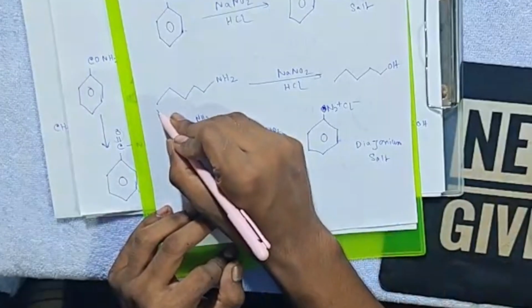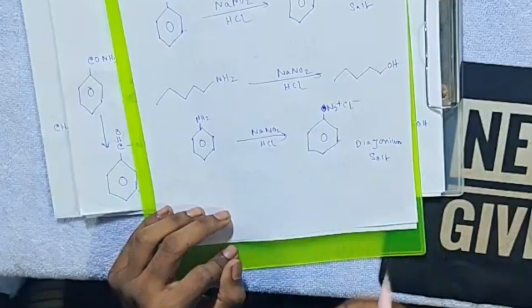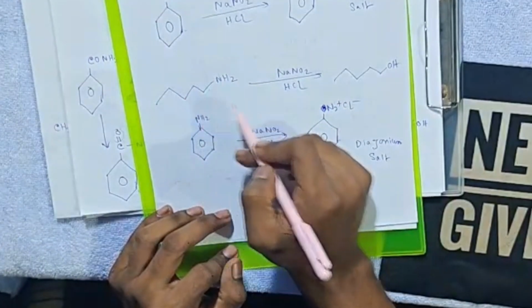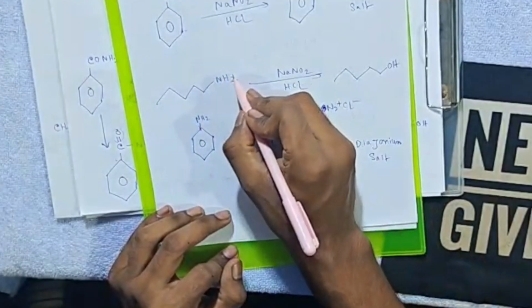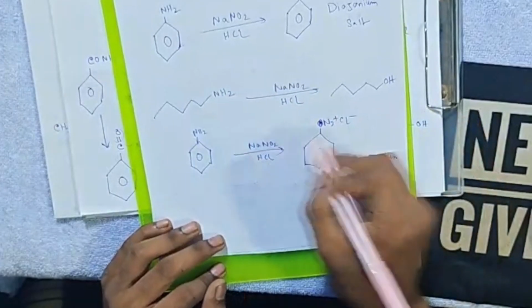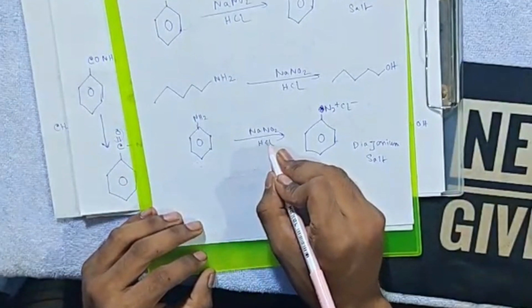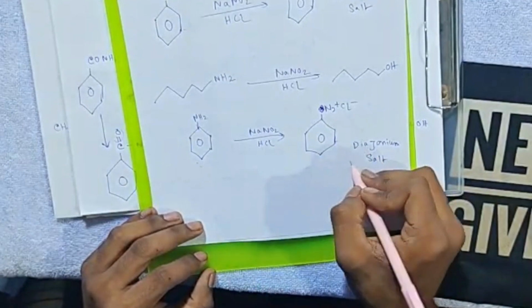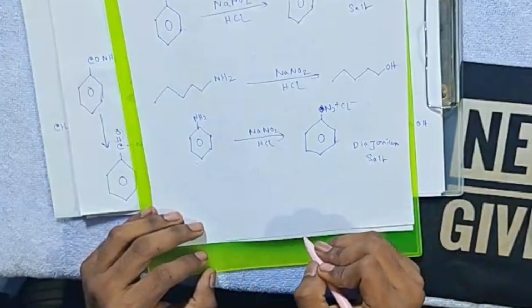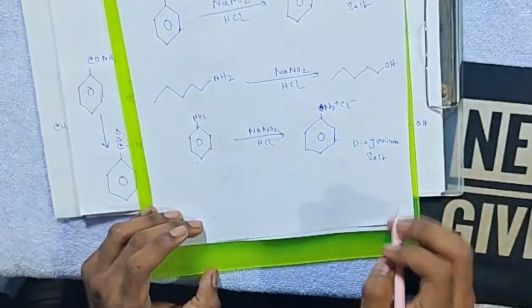Aliphatic means when there is no ring, and when there is a ring, that is called aromatic. But in case of aromatic, when NaNO2/HCl is given, it is not removing the NH2, it is just converting it to diazonium salt, that is N2+ Cl-.